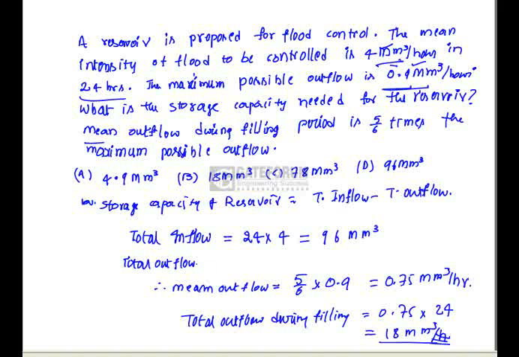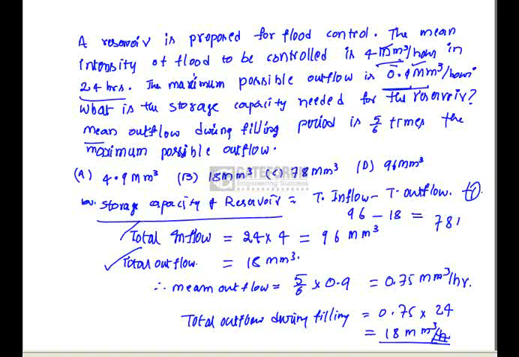So total outflow is 18 megameter cube. Therefore we have to find out the storage capacity of the reservoir. By substituting these two values in equation 1, we get 96 minus 18, that is equal to 78 megameter cube. So option C is correct.